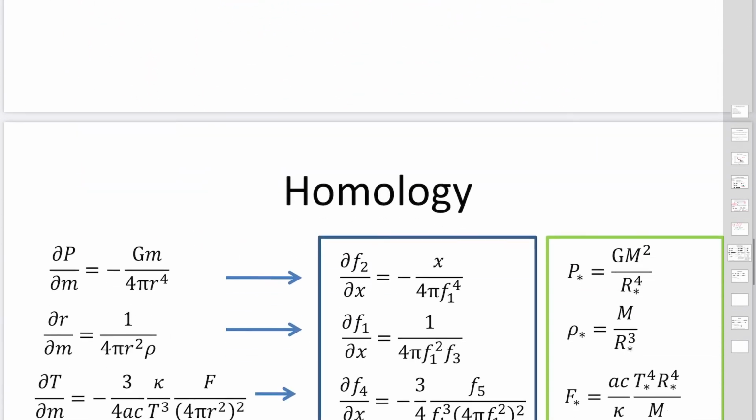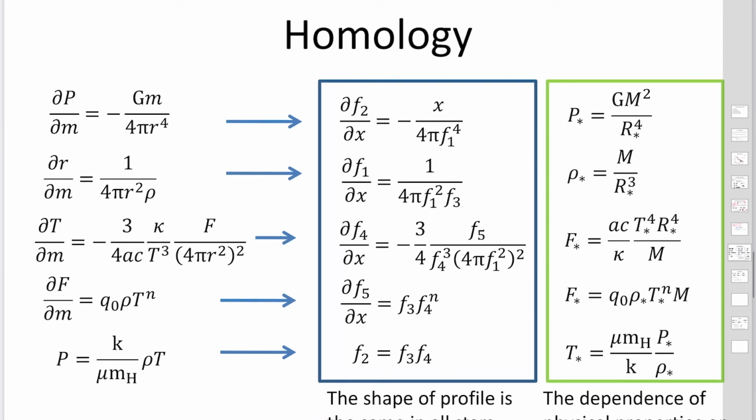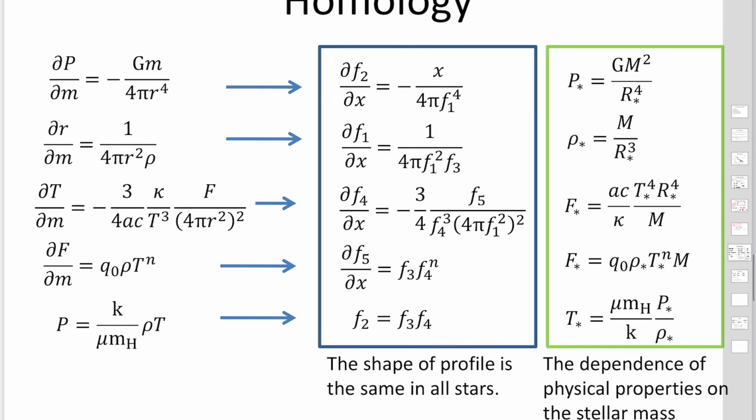Then for all the equations, we could use the same method to derive equations with non-dimensional functions and equations with dimensions. The inside of the blue box corresponds to the non-dimensional functions. This expresses the shape of the profile, which can be obtained by solving these equations.